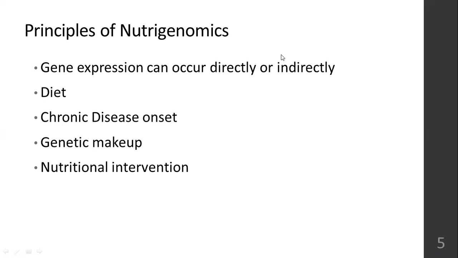Chronic diseases can also change your DNA. So either directly or indirectly, a pesticide or any biological food component can cause modification in your genes. Is the first statement clear to all?